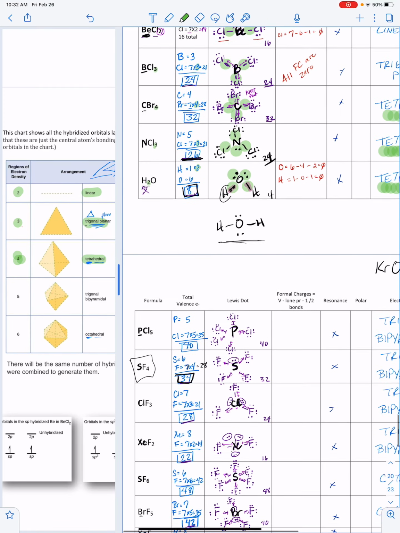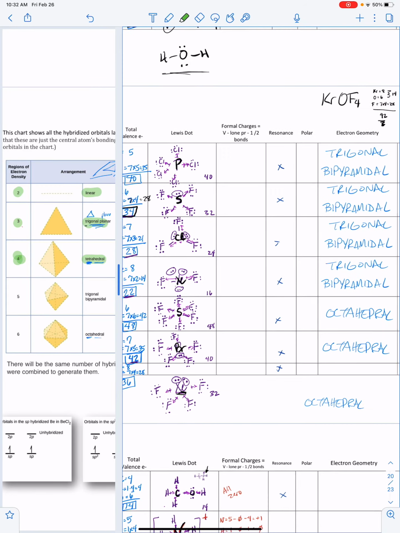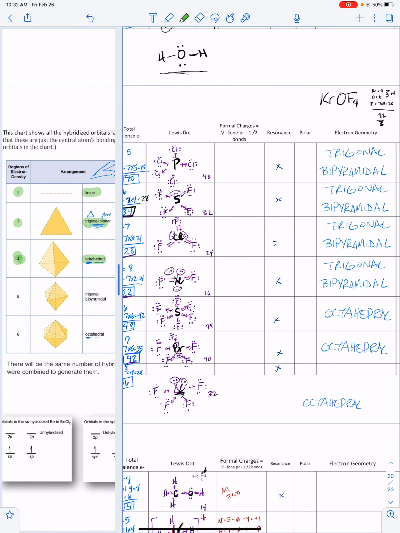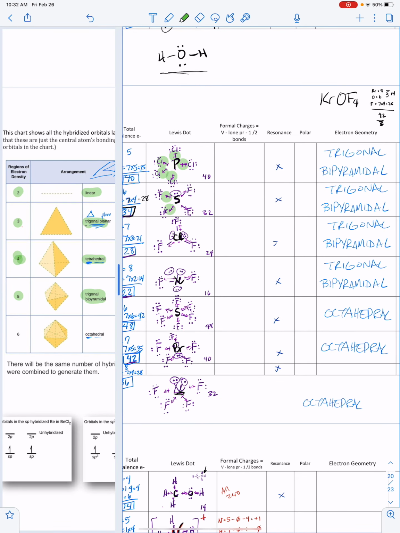Let's go on to the next page. So let me scooch it over. We have 1, 2, 3, 4, 5 regions. So that puts us here, and so that's trigonal bipyramidal. In this one, we still have 1, 2, 3, 4, 5 regions.